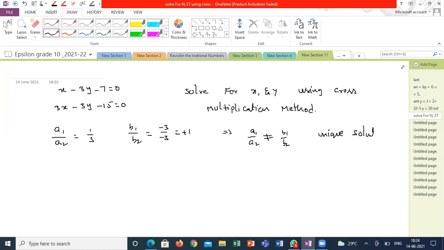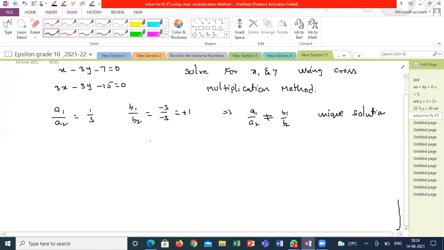So if it is a unique solution, you can proceed for your procedure, correct? So what are the things I have to write? 1, -3, -7, because the given equations are in the standard form for the cross multiplication. 3, -3, -15. So cross multiply.